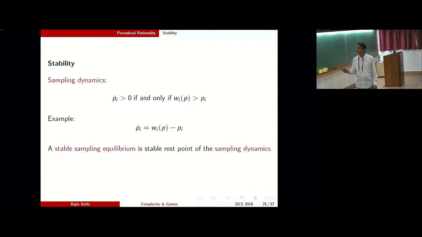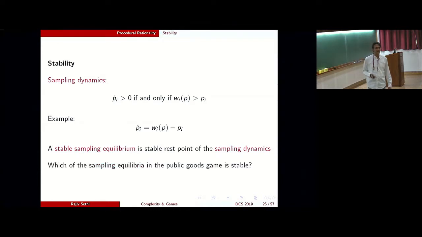A rest point of this process, right, whenever all the p's are not changing, has to be sampling equilibrium, because for every i, the likelihood of winning is equal to the likelihood with which it is being played, right? So the rest point of this dynamic is clearly sampling equilibrium. And then stability, stability with respect to this. So, it's a dynamic process. So, you can have sampling equilibria that are unstable under this dynamics, others that are stable, and you can use that as an equilibrium selection criterion for sampling equilibria.